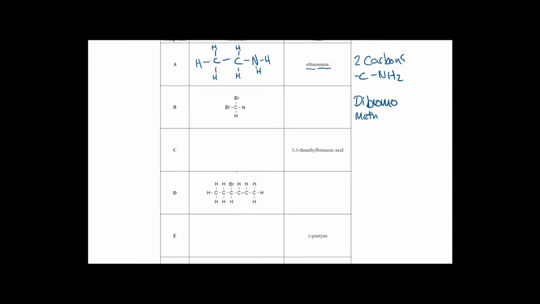It's just a regular carbon by itself, so it's going to be methane. So the whole way through this, that's all we need to say. So it's going to be dibromo, so a haloalkane here, and dibromomethane. I mean, that's pretty much going to be what it is. All right, next one.